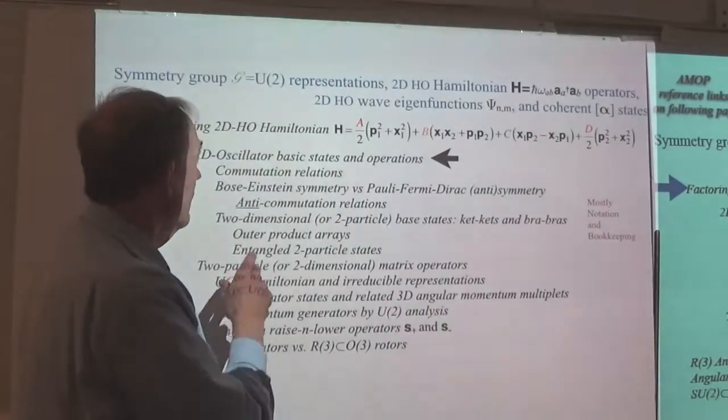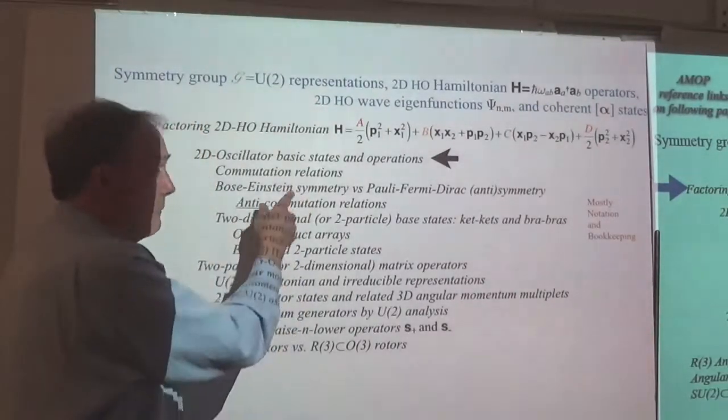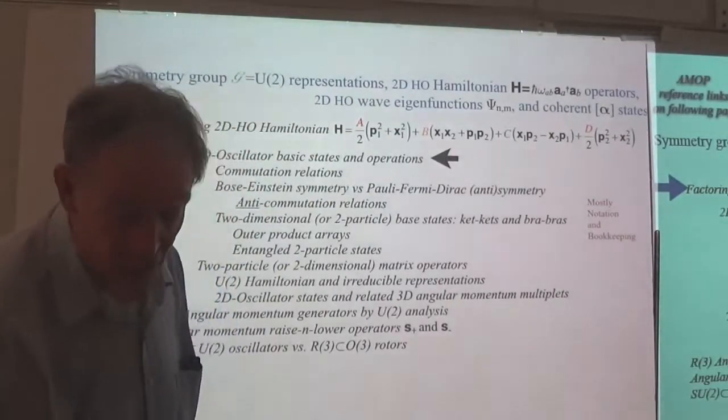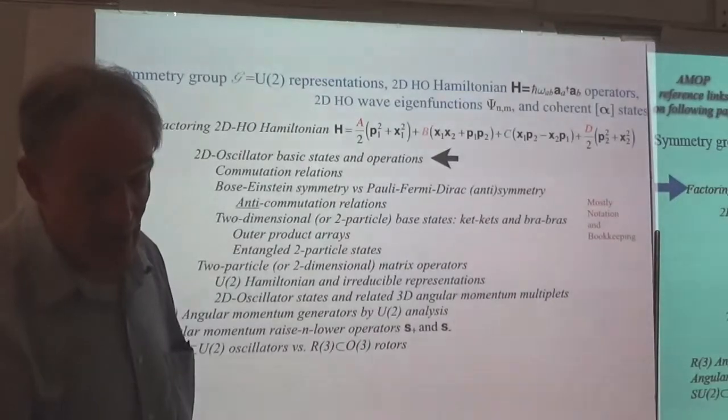So let's get started here, because we do have a bit of algebra, and then I want to mention a few things that are connected to this that we'll also be using later on for electronic orbitals and things like that.